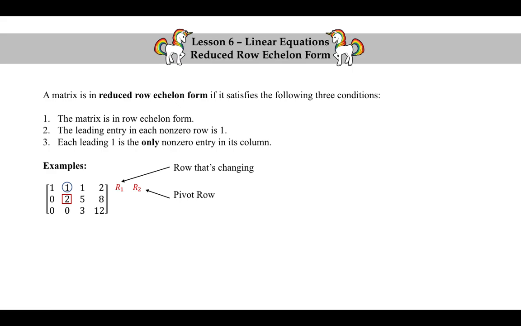And we always write this next to the row that's changing. In this case, row 1 is the row that's changing. Next, we can either multiply row 2 by 1/2 or row 1 by 2. Both of these will make the entries match up so that it's easy to cancel them.